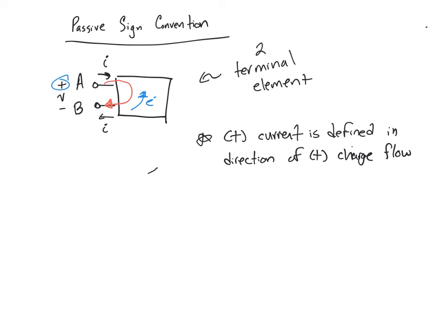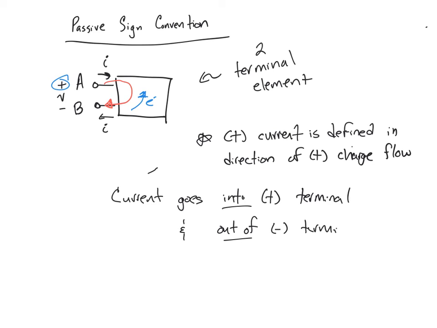Therefore, V must be defined as A is positive with respect to B. In other words, current goes into the positive terminal and out of the negative terminal as defined by the voltage polarity across the element.